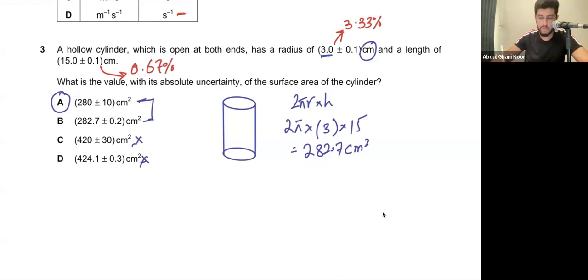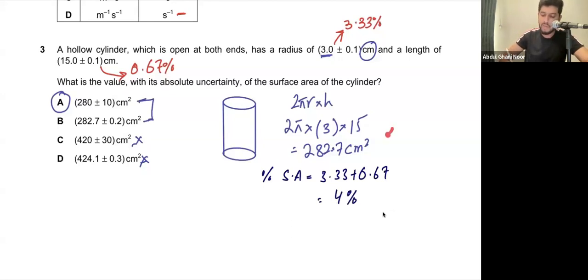And because R and H are being multiplied, the percentage errors will get added up. There is no power here, so we do not have to consider any power. So the total percentage error in the surface area is 3.33 plus 0.67, which equals 4%. That means the answer we got above will have a 4% error.